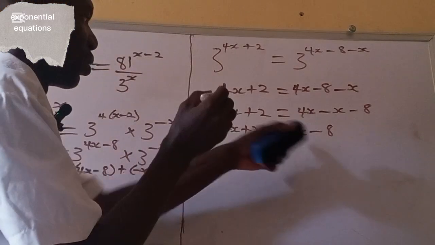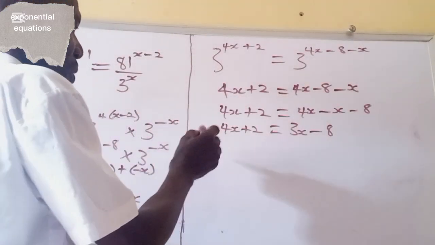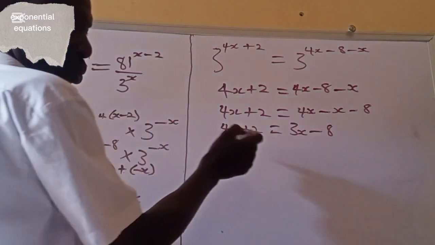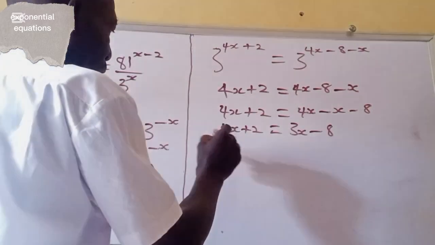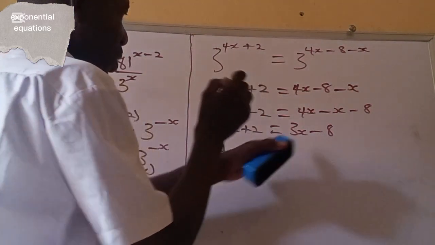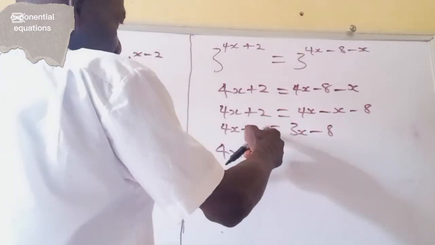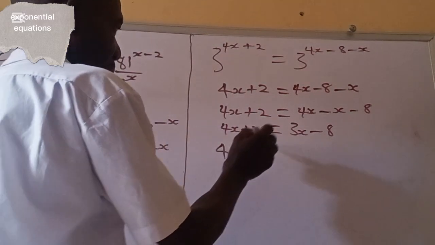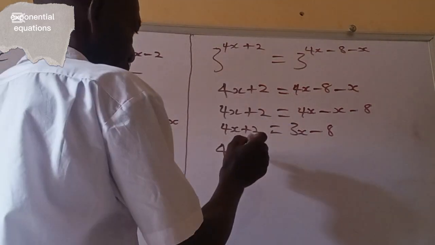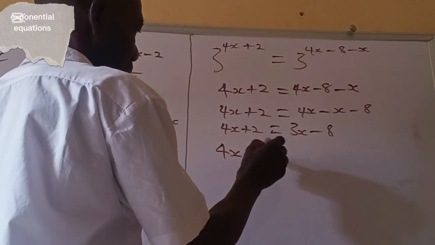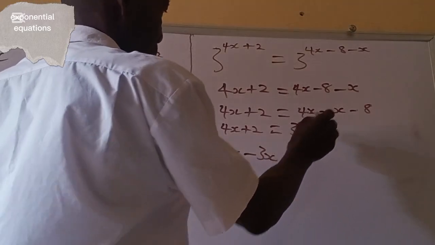This is what you want to find, x. So it's x we want to find. So you have 4x, bring this 3x to this side. When it crosses the equal sign, the sign will change. That will be minus 3x is equal to minus 8.